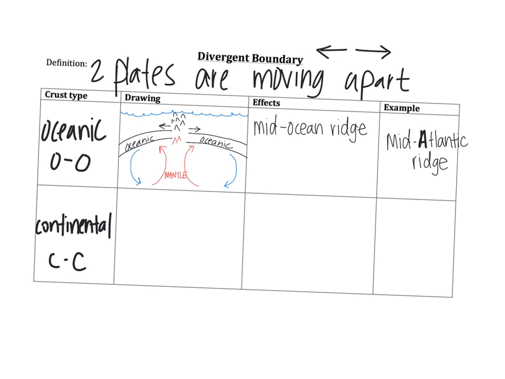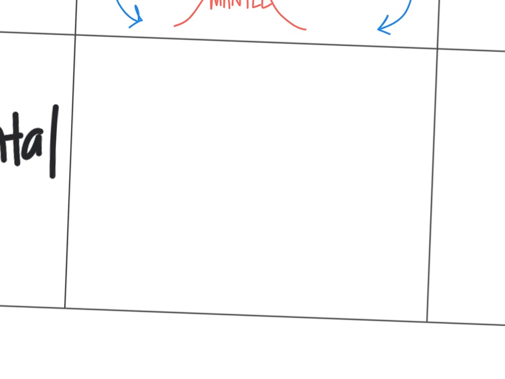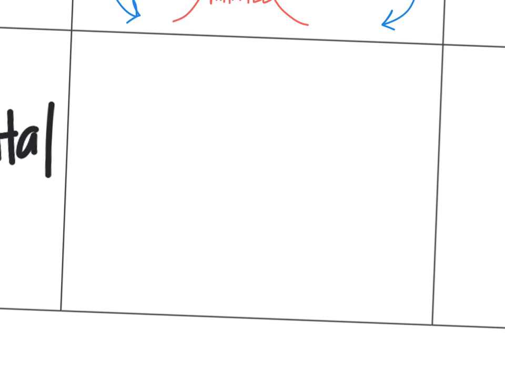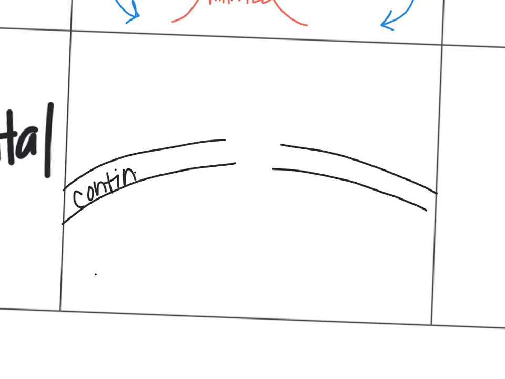All right, so let's move on to the continental. So when both of the plates are continental, they can still diverge. They can still move apart. So here's our two plates. They happen to be continental crust.